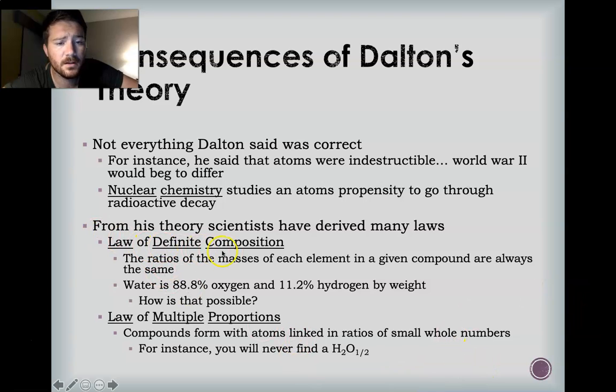You also have two laws. The law of definite composition means the ratios of masses are the same. So water will always be about 88% oxygen by mass, and hydrogen about 11%. You can see that oxygen weighs 16.00 atomic mass units. That's under oxygen, number 8.